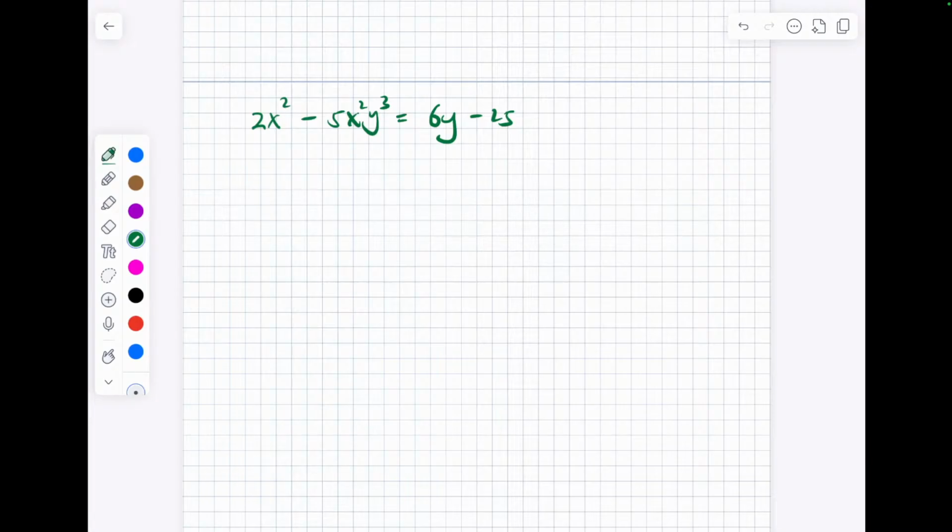So SOHCAHTOA. Now, all the related rate questions, emphasize on what is constant. I don't know how to spell emphasize, but anyway, emphasize on what is constant.